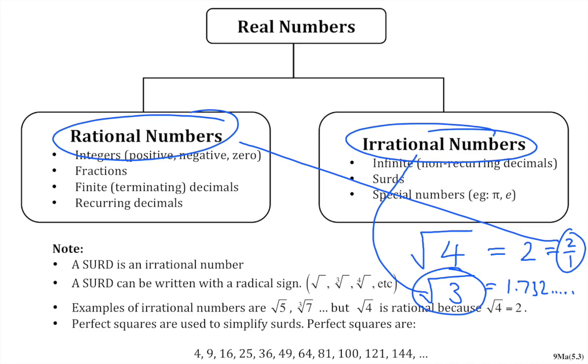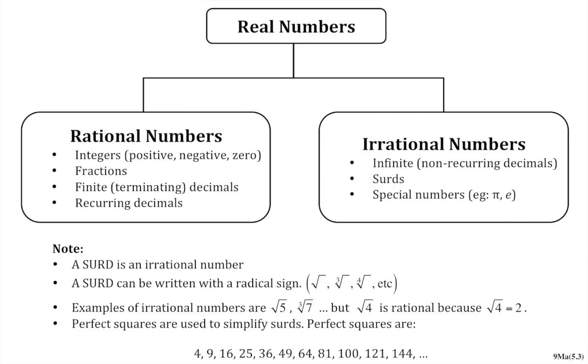So how are you able to tell if something is irrational or rational? Well, when you're dealing with square roots, think of these numbers. 2 times 2 gives 4. 3 times 3 gives 9. 4 times 4, 5 times 5, 6 times 6, and so on. If you do the square root of any one of those numbers, they drop out nicely, so you do not have a surd because these are called perfect squares.